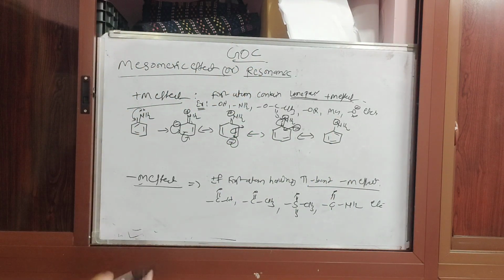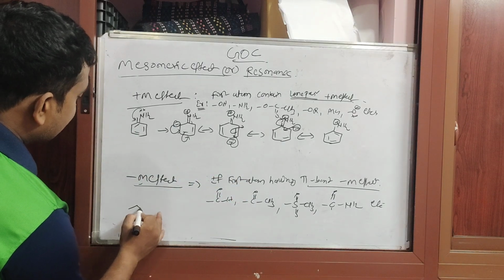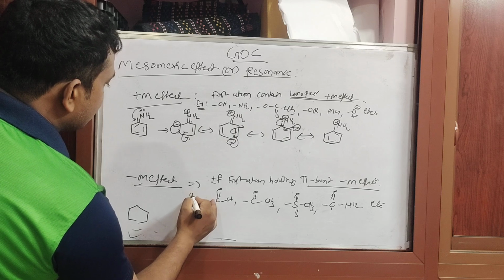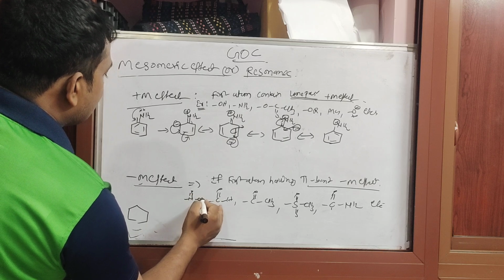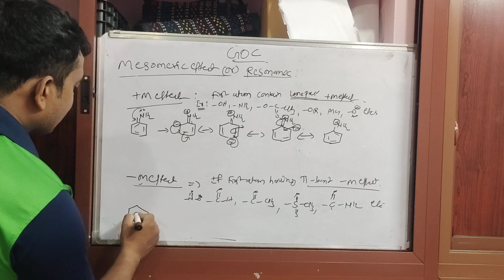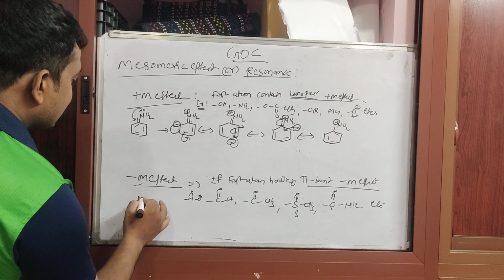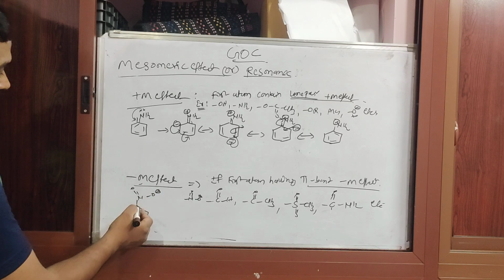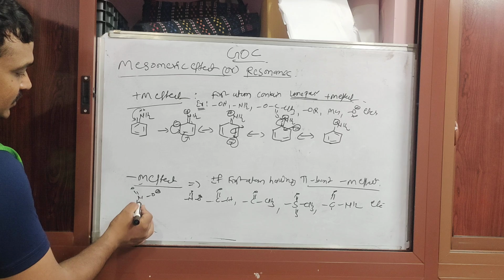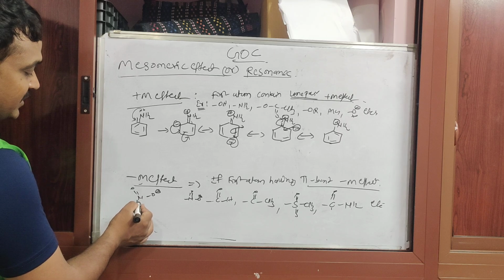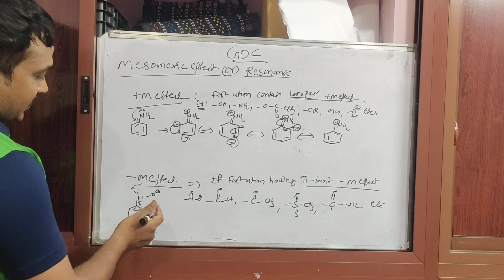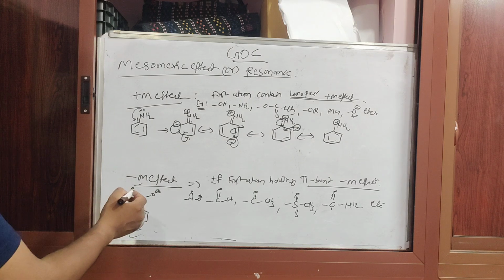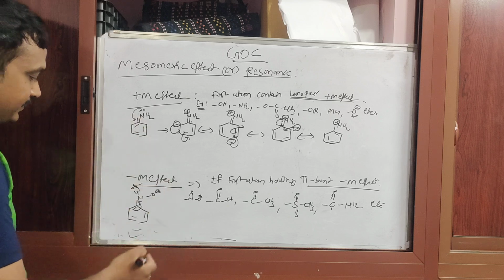If you take minus M effect, for example NO2, with N double bond O minus, what will happen? The double bond is converted, the lone pair is converted to bond pair, and the bond pair is converted to lone pair.